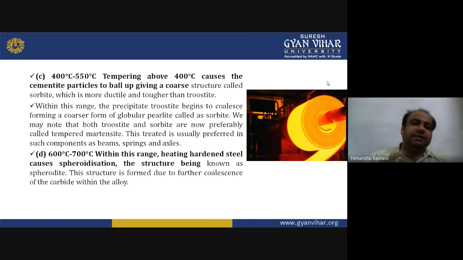Now 600 degrees centigrade to 700 degrees centigrade. Within this range, heating hardened steel causes spheroidization, the structure being known as spheroidite. This structure is formed due to the further coalescence of the carbide within the alloy.